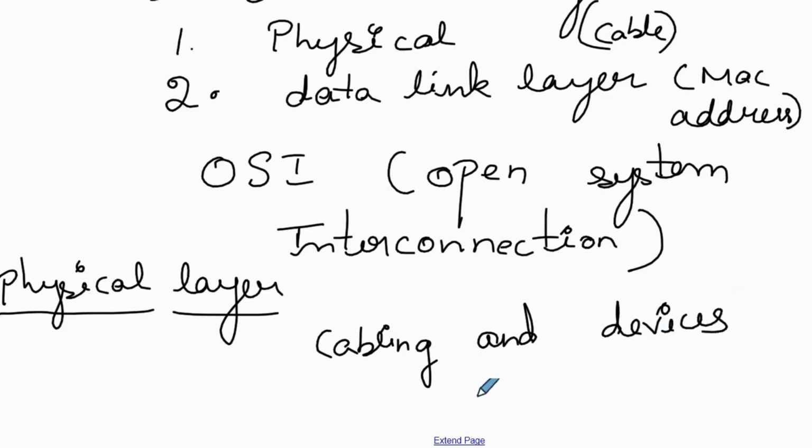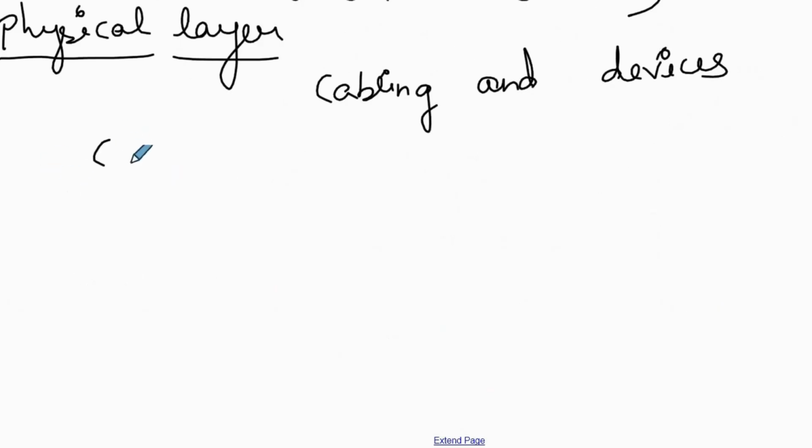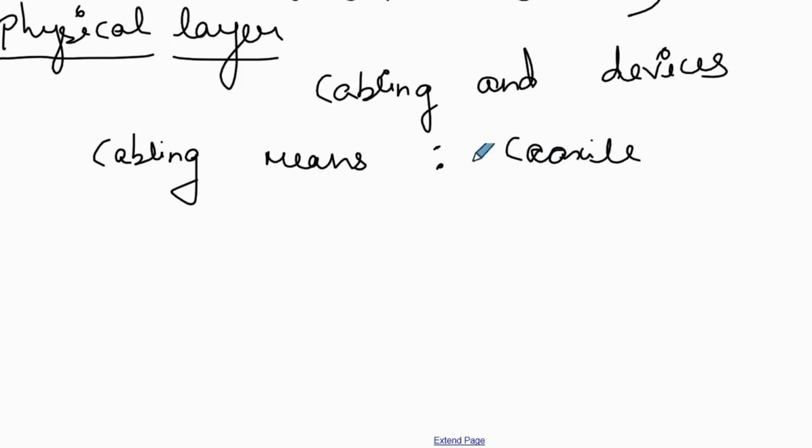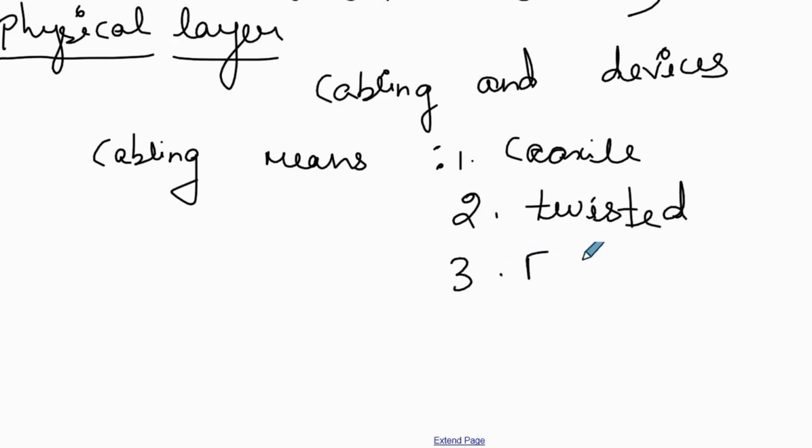Ethernet cabling means coaxial, which I mentioned before, twisted pair, and fiber optic cable.